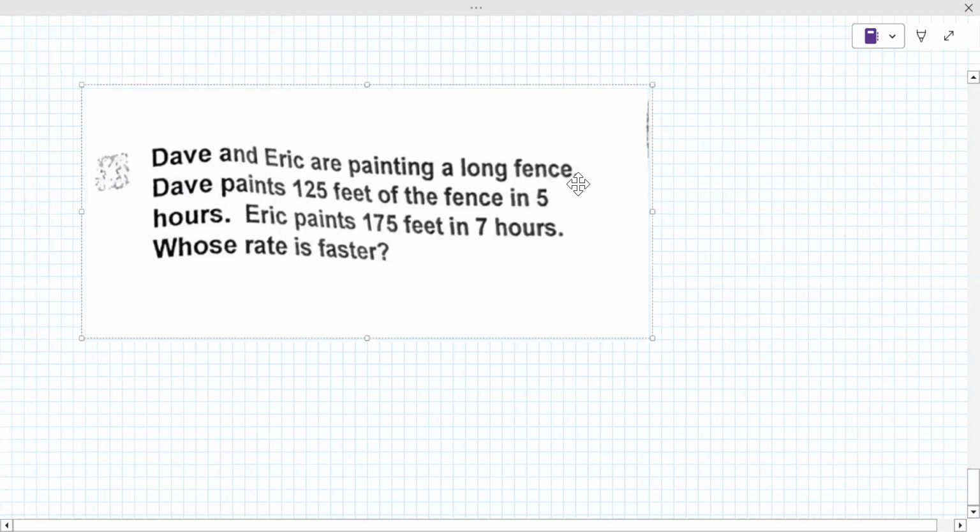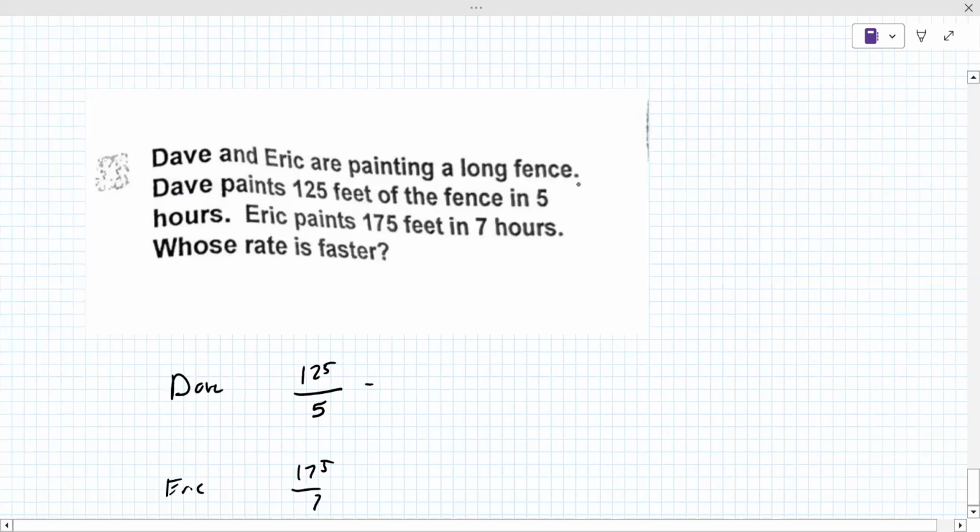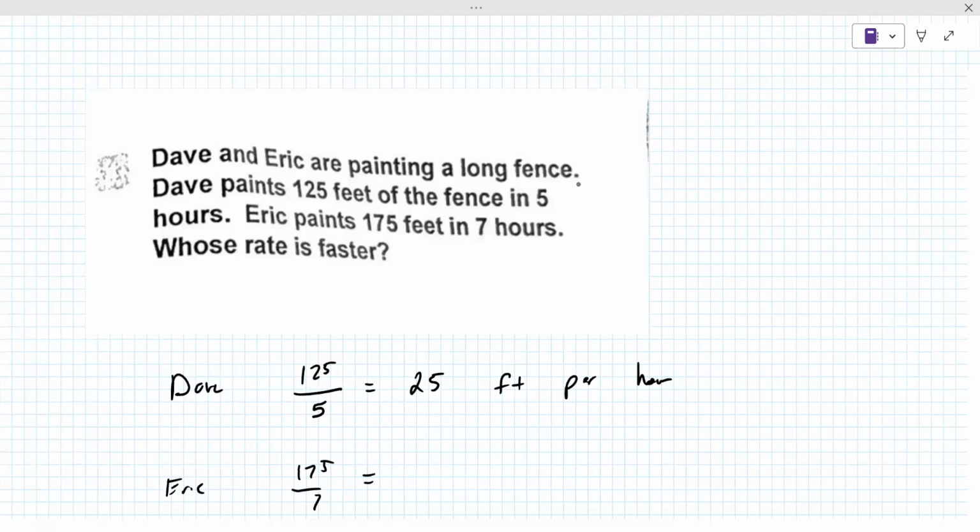You actually have quite a bit of work to do. So Dave here is 125 feet in 5 hours, and Eric is 175 feet in 7 hours. Really important that you write the units, feet per hour. This other one here is 35 feet per hour.